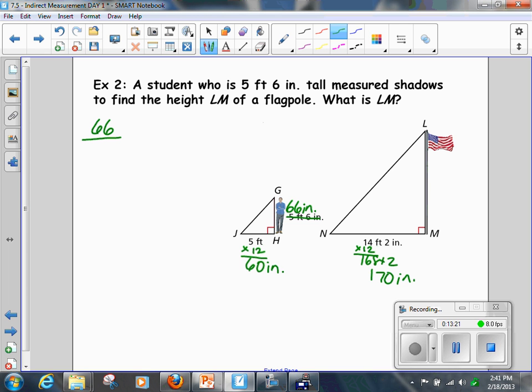66 over X. Oh, what's his guide? Somebody else, what's his guide? What thing over thing? Because you're thinking along the right thing. What is it? Look at it again. Height over what?